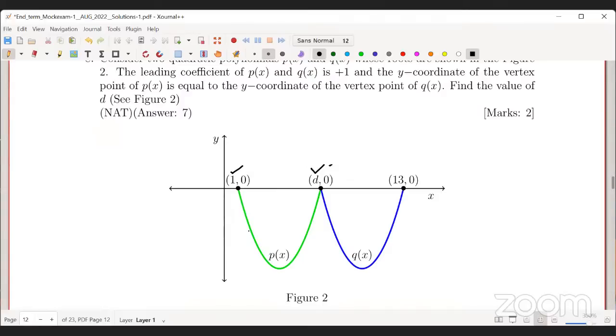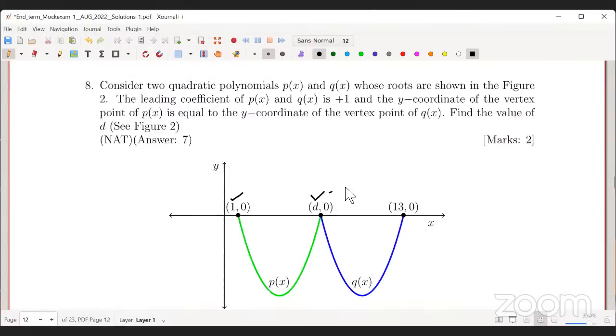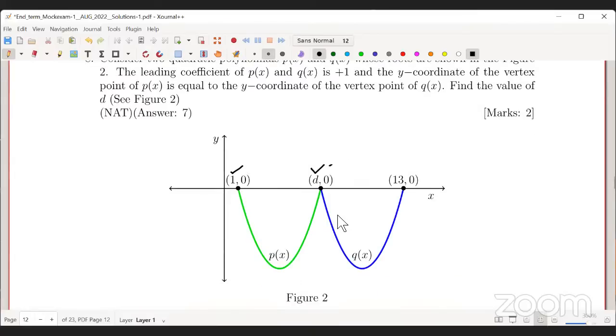And what are the roots of Q(x)? 13 and D. Okay, it is given that the leading coefficient of P(x) and Q(x) is 1, and the y coordinate of the vertex of P(x) is equal to the y coordinate of the vertex of Q(x). This is more or less clear from the graph.